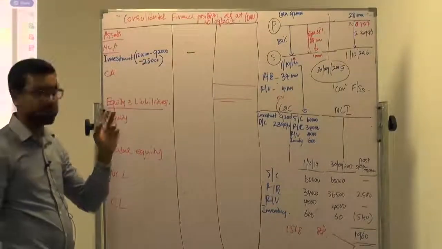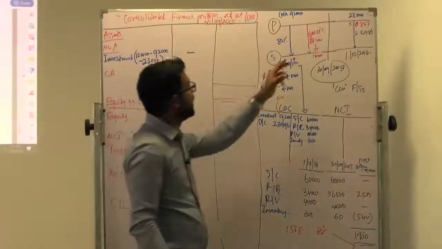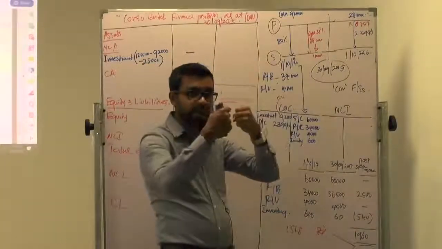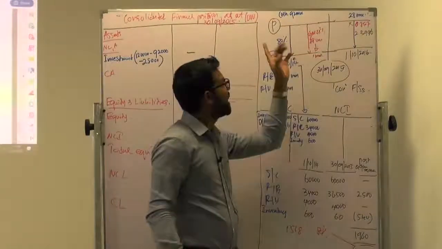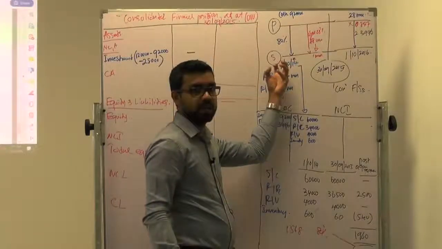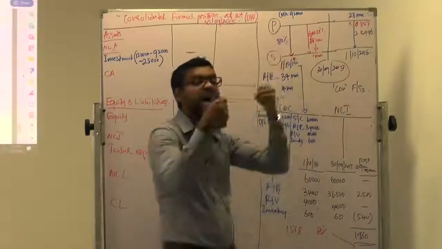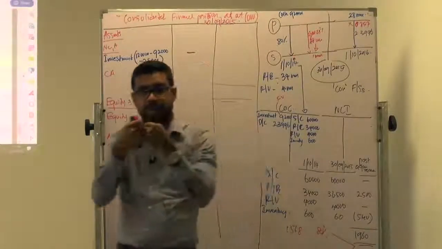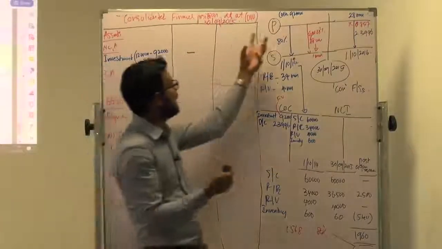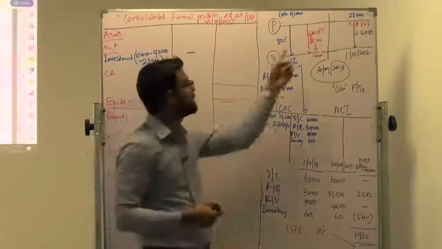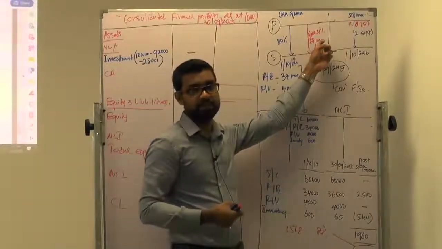So the third adjustment of the consolidation procedure is to eliminate intercompany balances. When you prepare the consolidated financial statements, this is unrealized profit, right? Parent sold goods to subsidiary by keeping a margin. If you combine assets and liabilities of P and S, this will be a duplication.